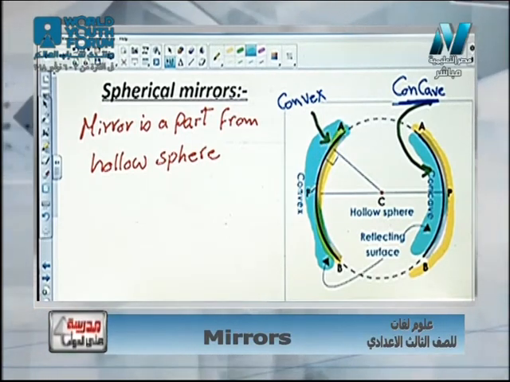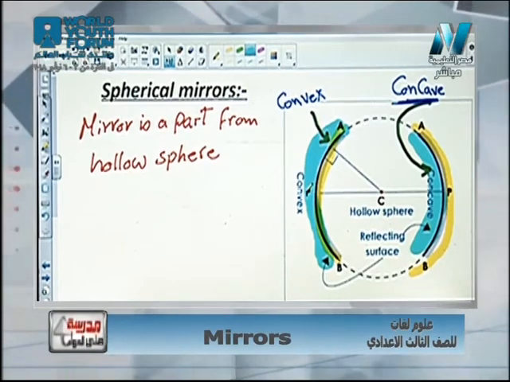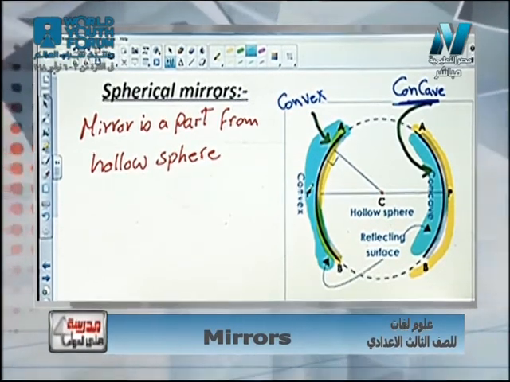So like a spoon, we know the spoon اللي هي المعلقة. We have two faces of the spoon. It's the concave mirror and the convex mirror. Concave mirror is the inner part of the hollow sphere, and the convex mirror is the outer part of the hollow sphere.